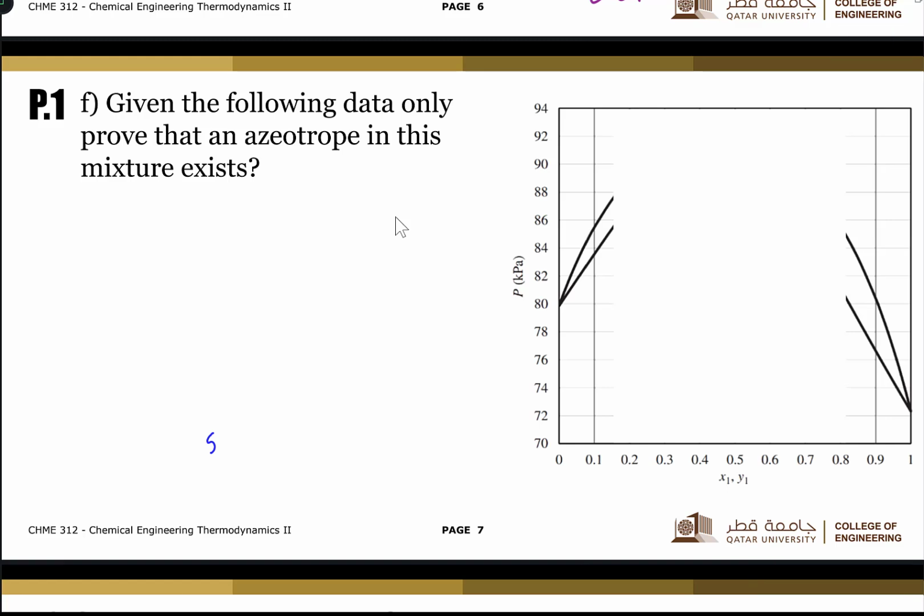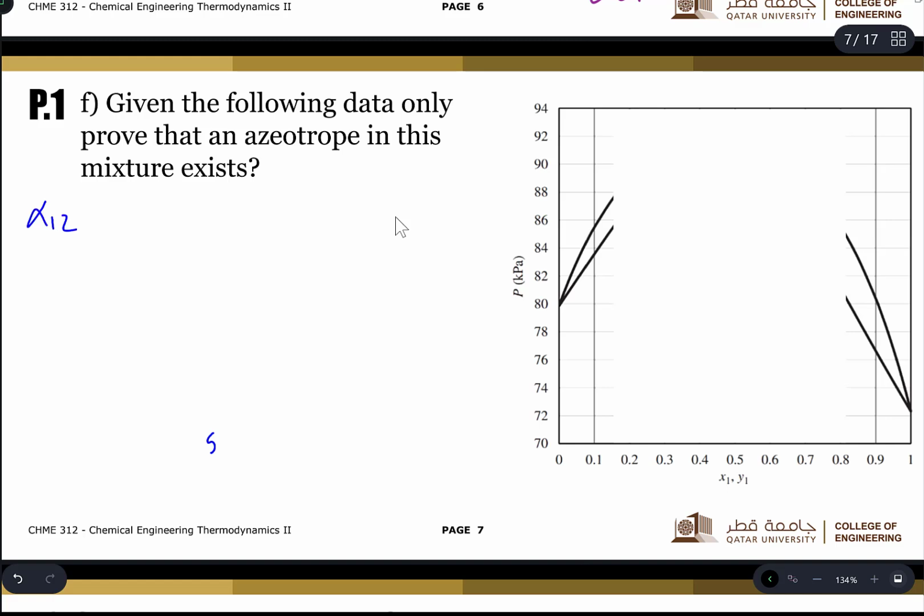Given the following data, prove that an azeotrope in this mixture exists. So in the previous lecture, we talked about relative volatility. Remember alpha 1, 2?